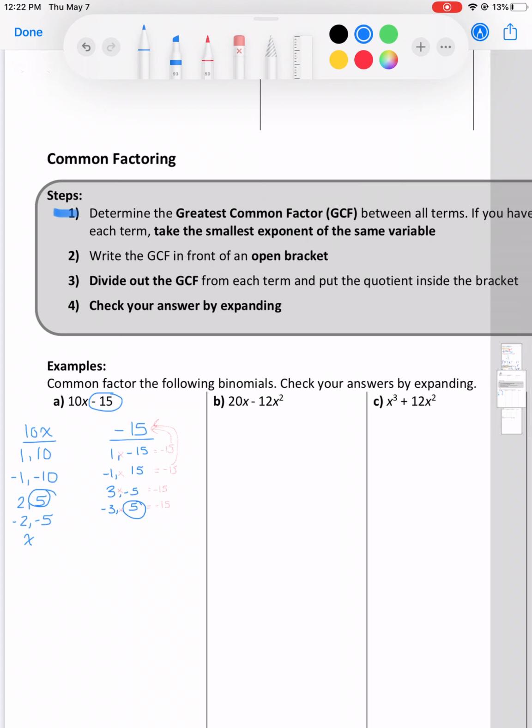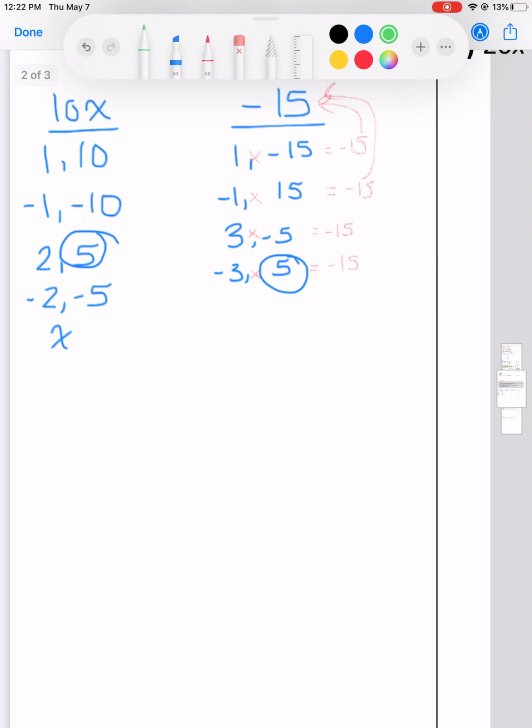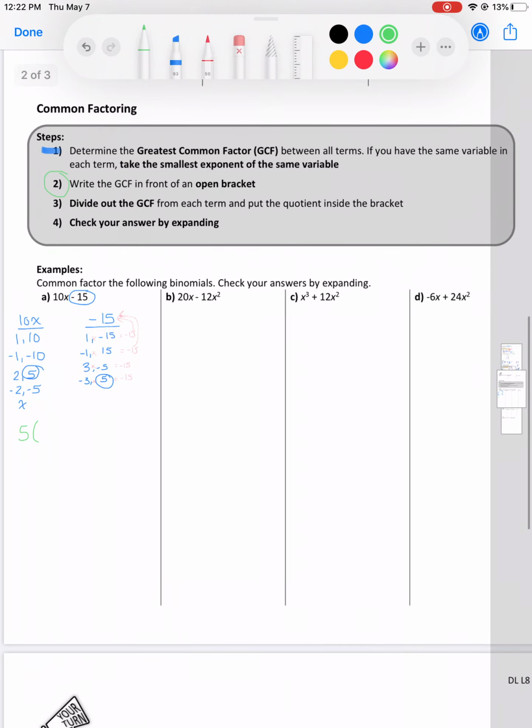Write the greatest common factor in front of an open bracket. Our greatest common factor was 5. So I'm going to do 5, in front of an open bracket. Divide out the greatest common factor from each term and put the quotient inside the bracket.